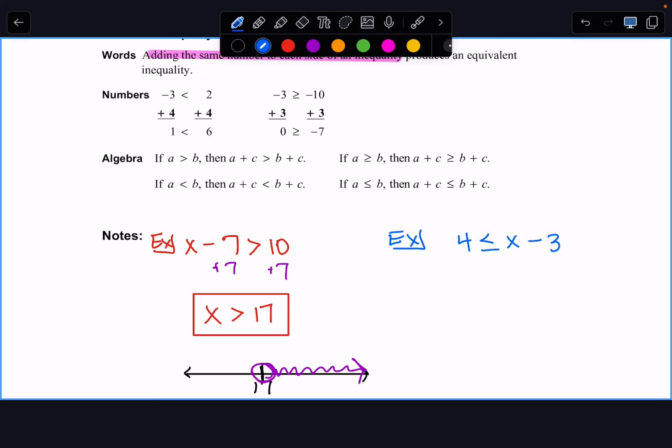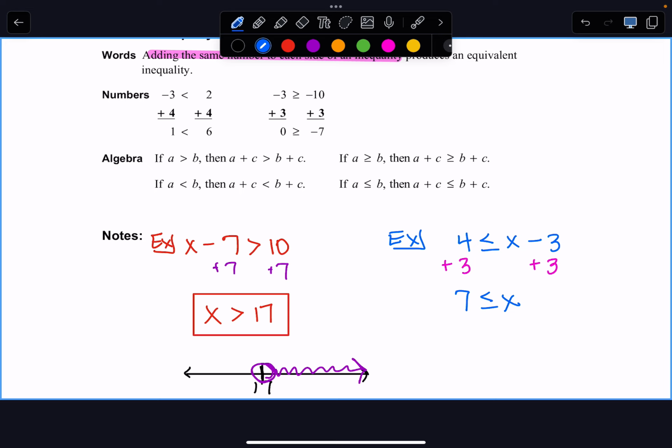To undo subtraction, we know we can use addition. So if I want to undo the 3, I can add 3 to both sides of our inequality. So instead of the equal sign, it's the inequality. That's fine. We're still balancing by adding the same number to both sides. Okay. So what do we get? We get 7 over here.